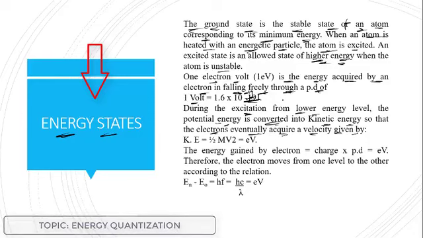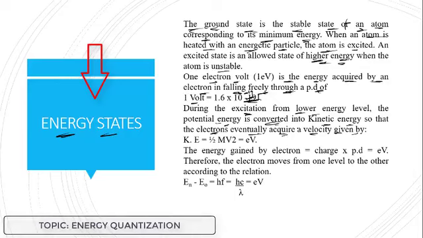Because it is excited, it is jubilating, it is jumping up, it possesses a state of higher energy at this point, and it begins to fall freely through a potential of 1.6 times 10 raised to the power minus 19 joules.